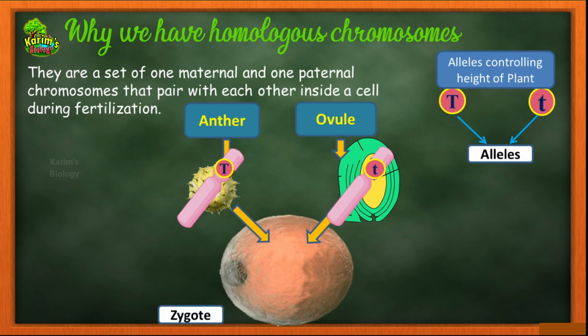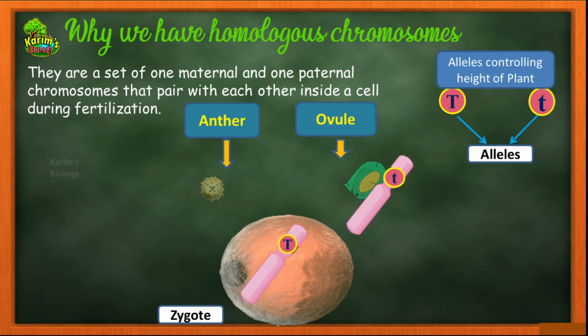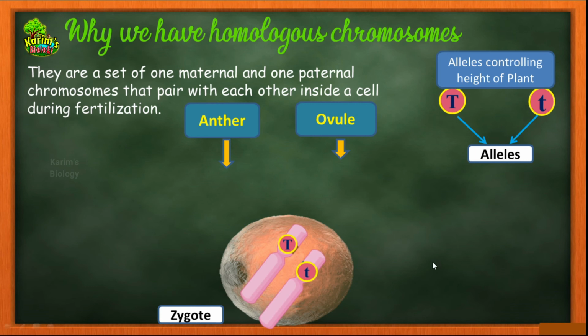And what happens during the fertilization? After fertilization, the zygote will be formed, and you know that the zygote is the result of the combining of male and female gametes. When male and female gametes fuse together, that is when the fertilization happens, the chromosomes of the two gametes will be brought into a single zygote. So this is how now the zygote consists of a homologous set of chromosomes, and capital T it got from the anther, that is from the male gamete, and small t it got from the female gamete.